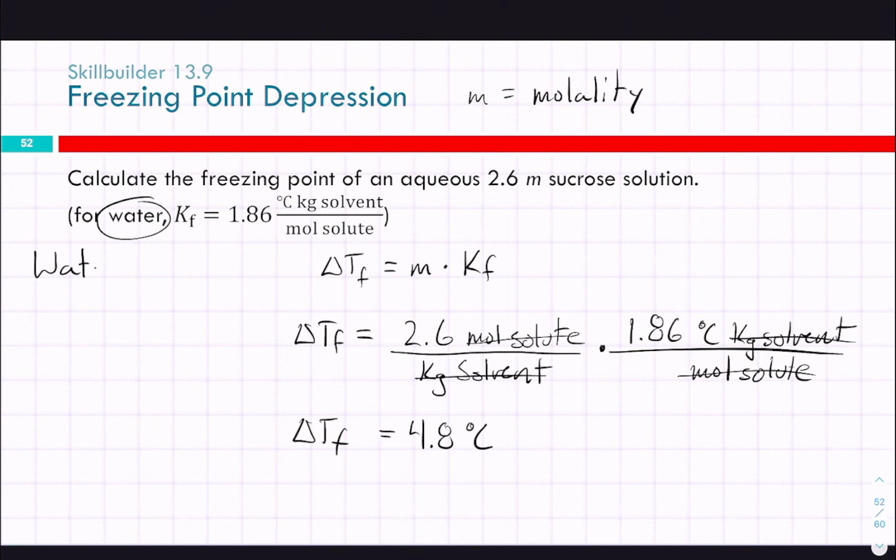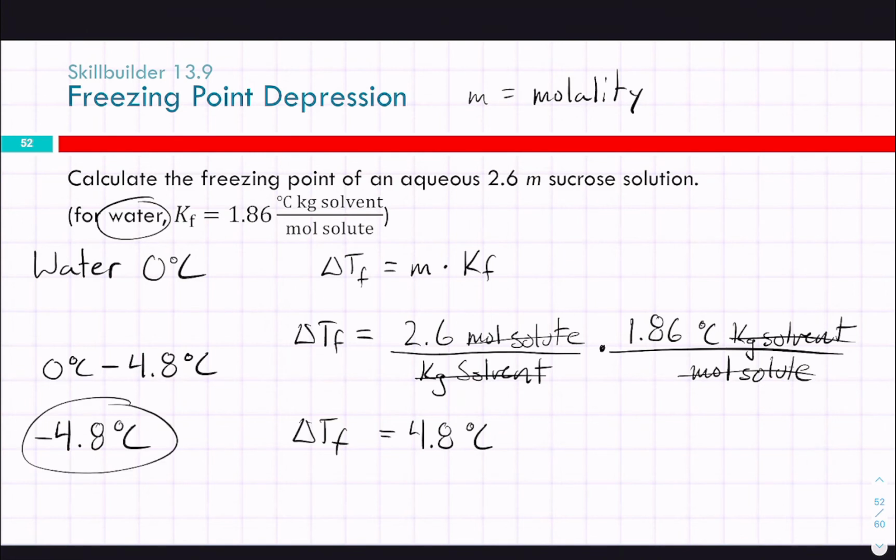So for water, the normal freezing point is 0 degrees C. So 4.8 is actually higher than 0. So it can't be 4.8 because this is freezing point depression. It's depressing or lowering that freezing point. So we just say, oh, 0 degrees C minus delta TF. Or here, minus 4.8 degrees C, so that our new freezing point is negative 4.8 degrees C.